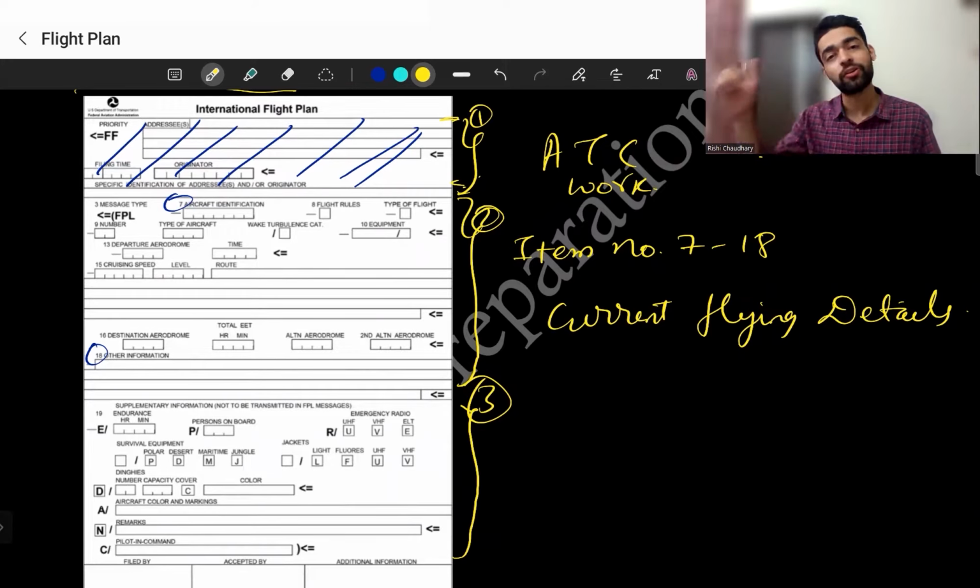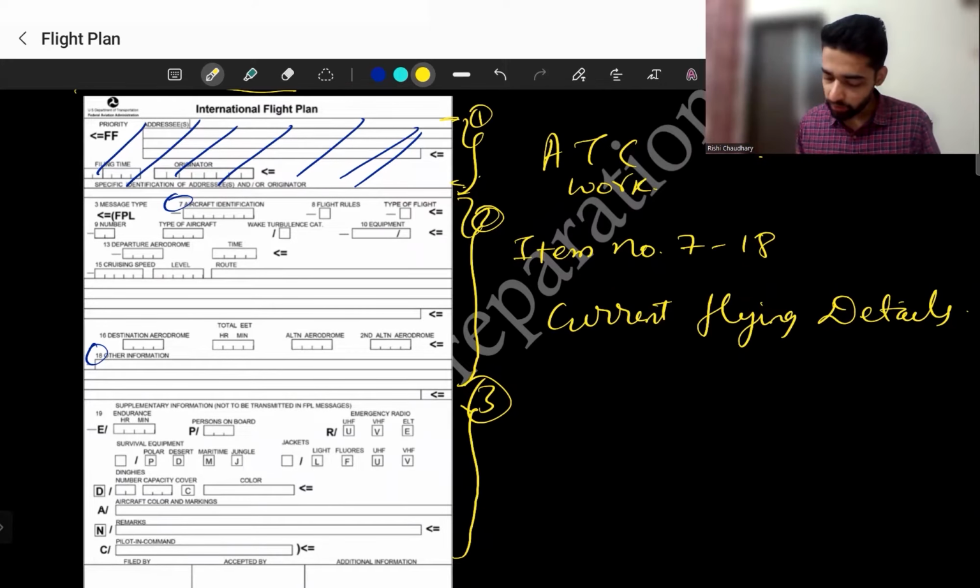So we fill everything regarding the current flying details. So whatever is the detail about the route, we will fill about that. So in short, we will fill all the detail regarding that plane and that particular flying route.